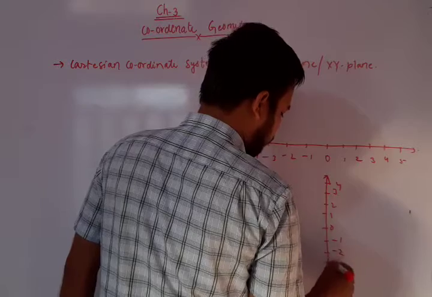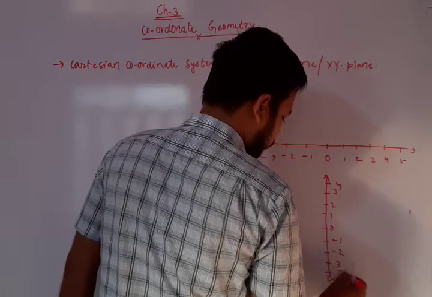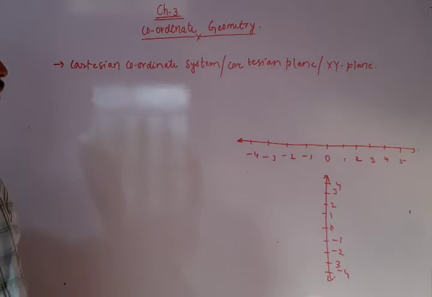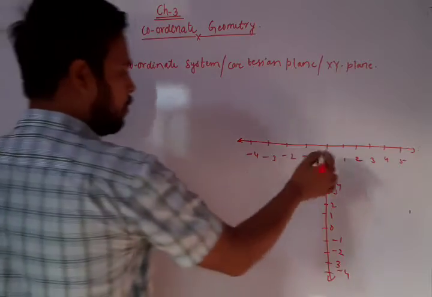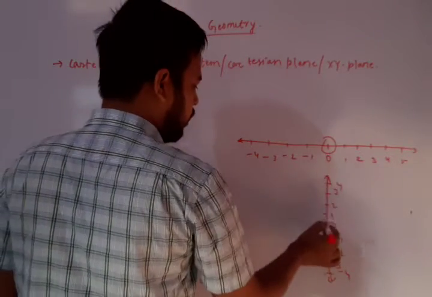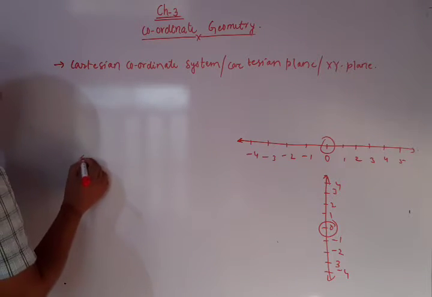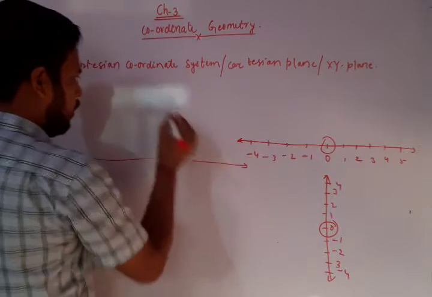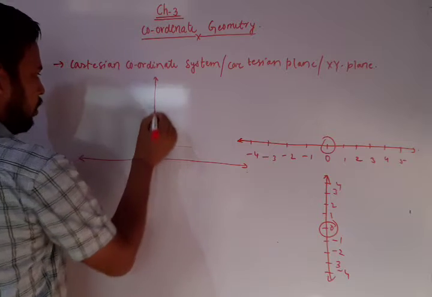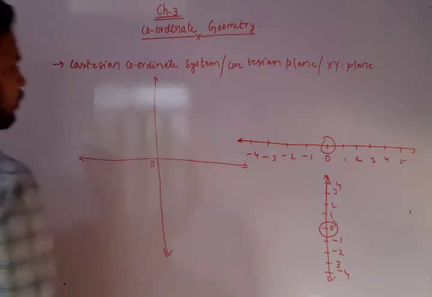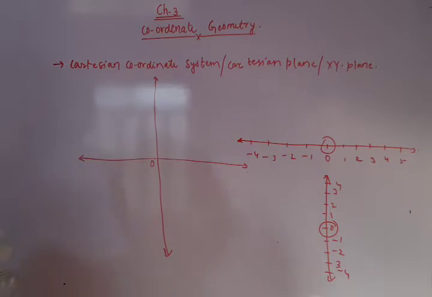These two lines intersect, mutually perpendicular to each other at their zeros, meaning they will intersect at their zeros only. After intersecting, the figure will be like this, and this will be zero.